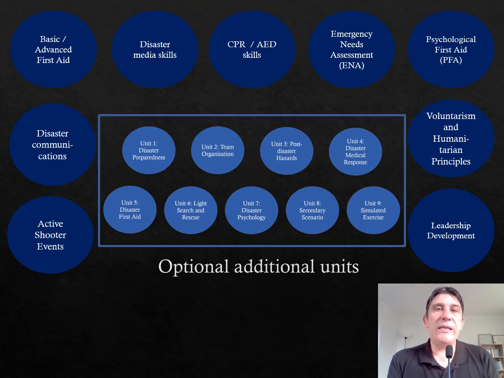There could also be the need to train disaster communications, maybe the use of either tactical or amateur radios. Also, a citizen response to active shooter or active attacker events. These are just some examples, because it may be that when the instructors are present in that community, we need to make the most of that time and introduce some additional training as well.